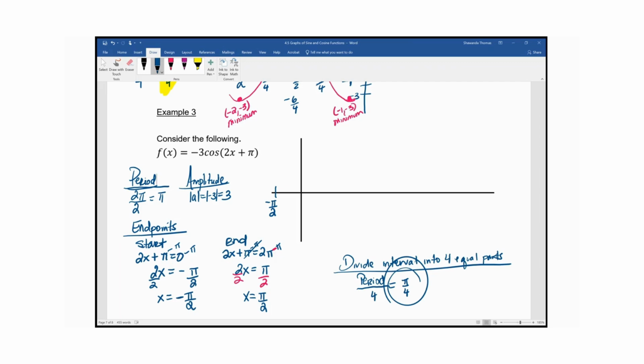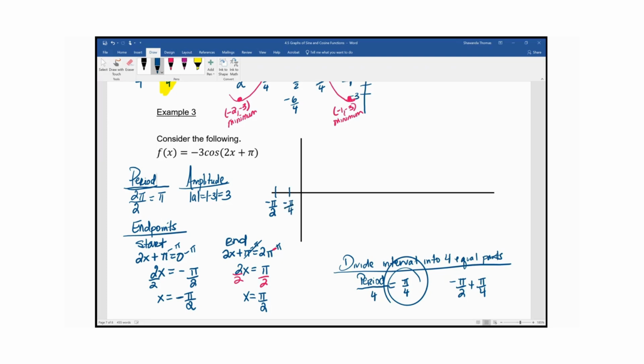So y'all tell me, what is negative pi over 2 plus pi over 4? Negative pi over 4. So that's still on the left side.